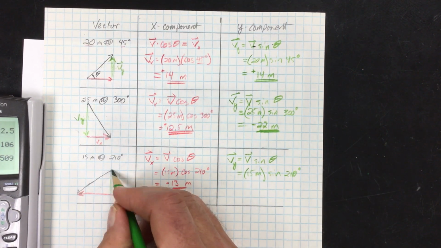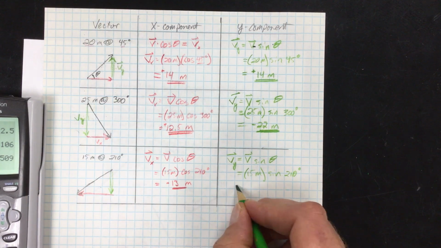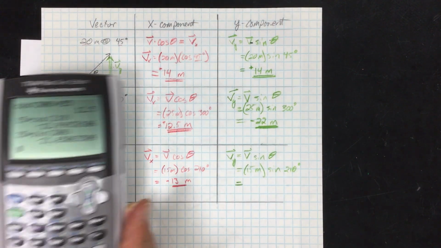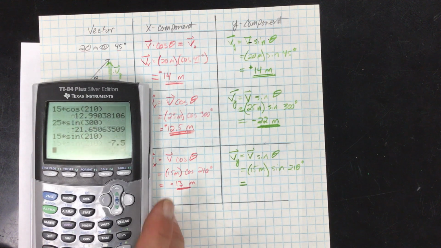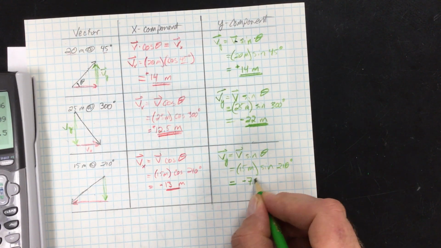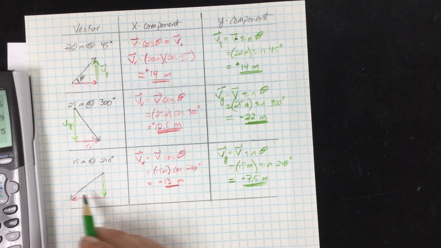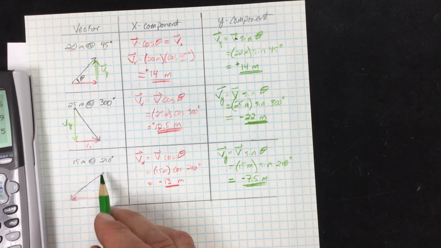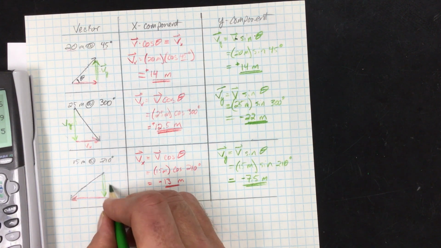Once again, I see that my y component would be pointing down, so I'm expecting a negative value. 15 times the sine of 210 equals, I end up with negative 7.5 meters. And again, I would expect that because with this angle, I would expect this component to be longer than this component.